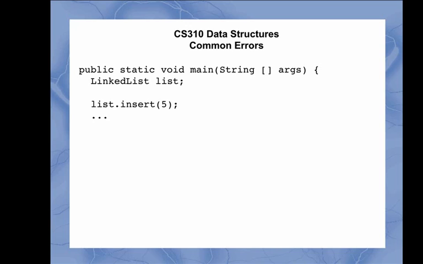So list is allocated on the stack, but list is a variable that will hold an address, and it's initialized to null. Only when you say list equals new linked list does it really exist. Until then it does not, and the dot operator in the list dot insert will cause a null pointer exception to occur.